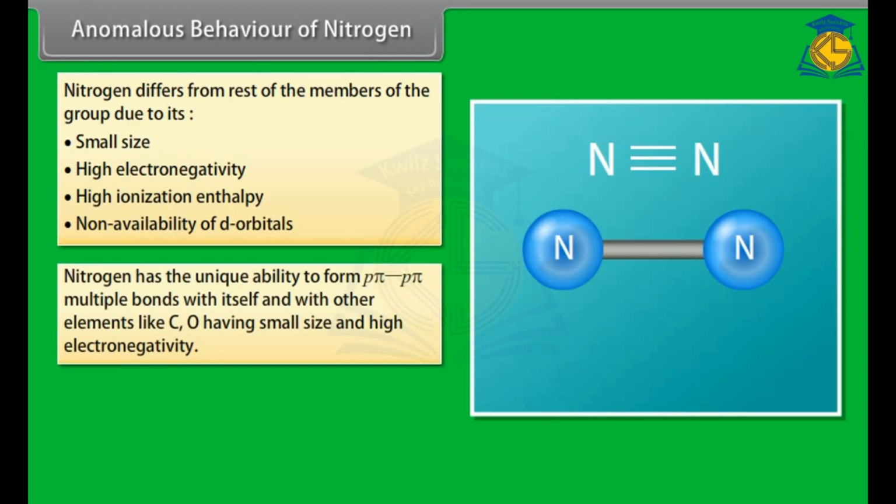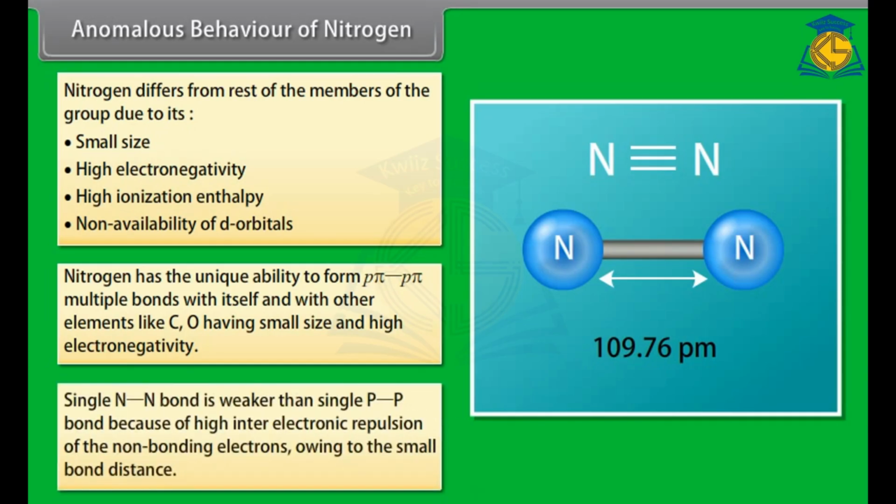Nitrogen has the unique ability to form pπ-pπ multiple bonds with itself and with other elements like carbon, oxygen having small size and high electronegativity. Thus, nitrogen exists as diatomic molecule with a triple bond between the two atoms having high bond enthalpy 941.4 kJ per mole.